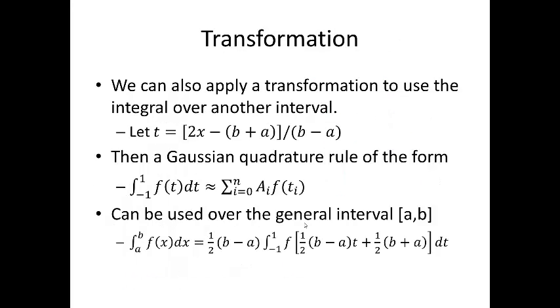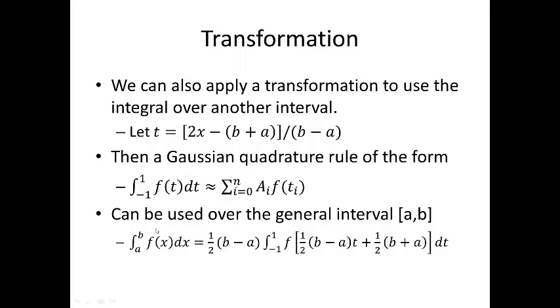We can also apply a transformation to use the integral over any other interval that we like. In other words, these rules can transform in the same way that a Super Saiyan can transform. Here we let t equal (2x minus (b plus a)) divided by (b minus a). Then a Gaussian quadrature rule of the form integral from -1 to 1 of f of t dt is approximately equal to the sum from i equals 0 to n of the weights times the function evaluated at the nodes.